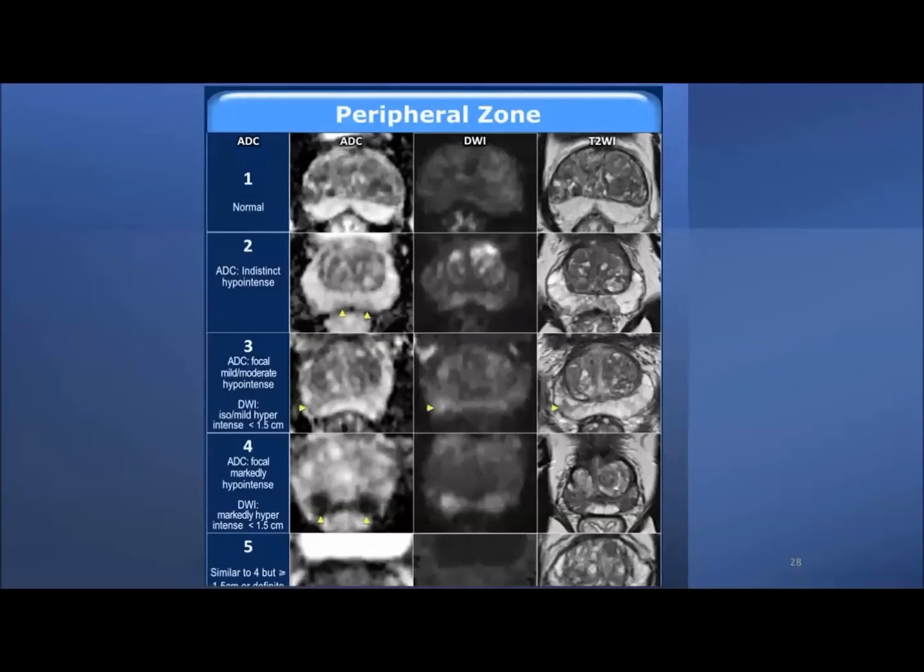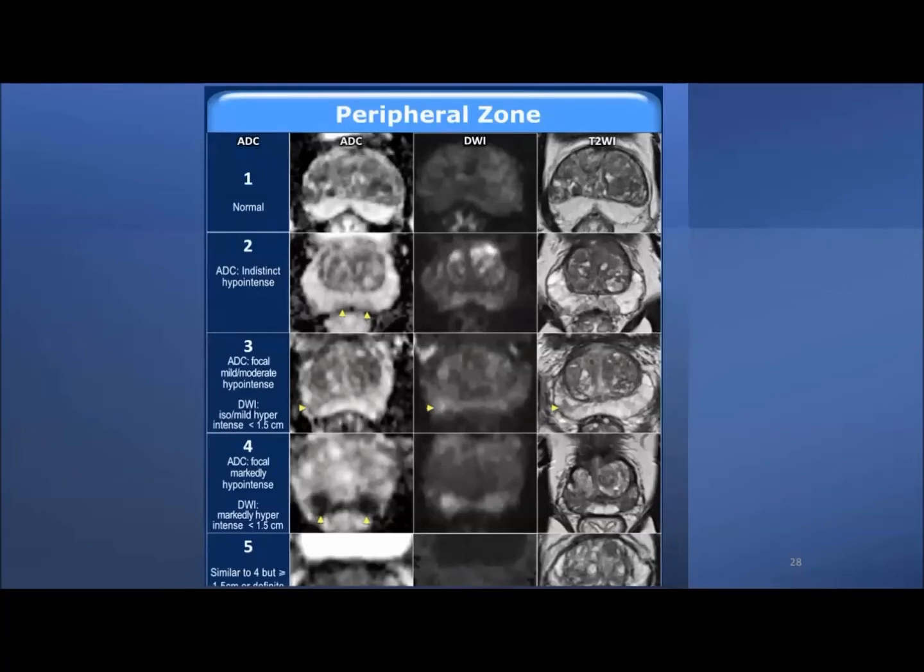For the transitional zone, mostly we see changes that are associated with benign prostatic hypertrophy. So transitional zone lesions are really challenging to characterize on dynamic contrast enhanced sequences. For that reason, T2 weighted sequence is the dominant sequence for characterizing lesions seen in the transitional zone.